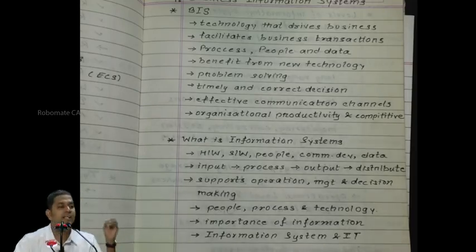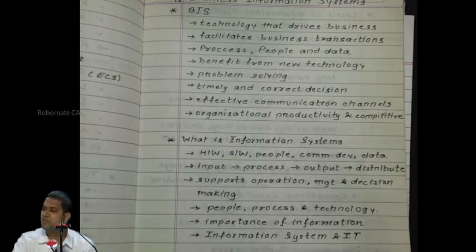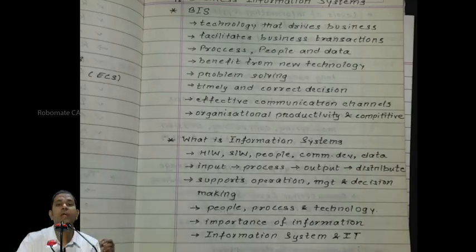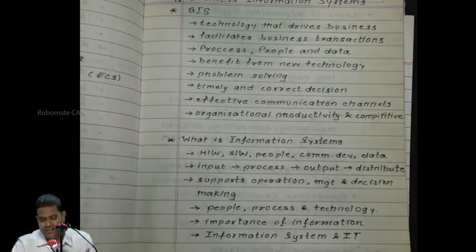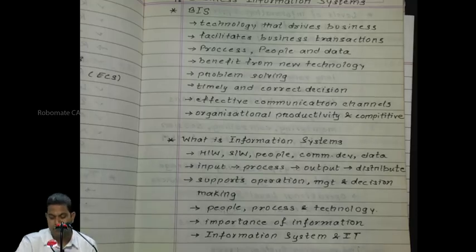Now, this information system will support operation. Operation means executing a process. Business is full of business processes. All these business processes are required to be executed. That's nothing but something called operation. Then management. We know what management is. Management is an art of getting things done through other people, right?